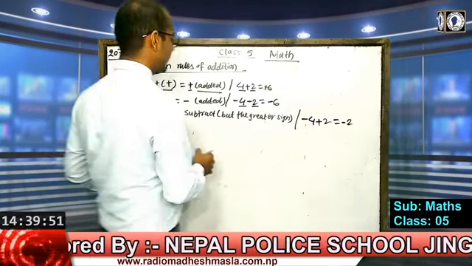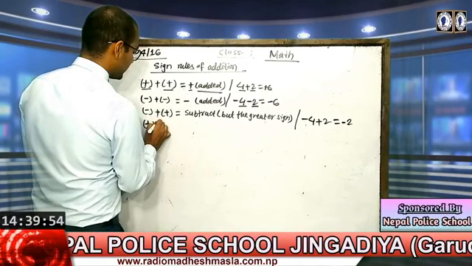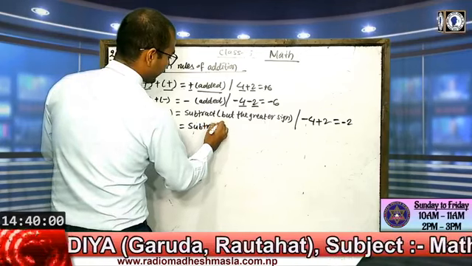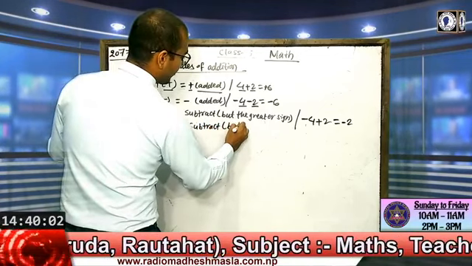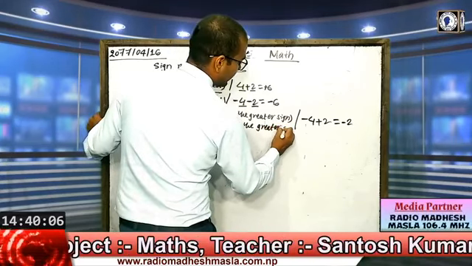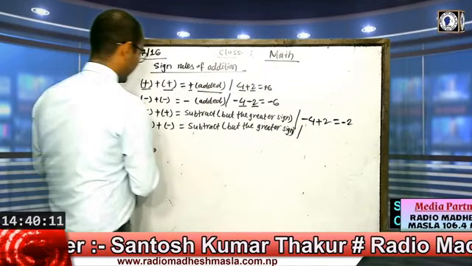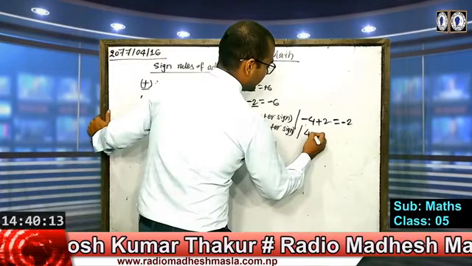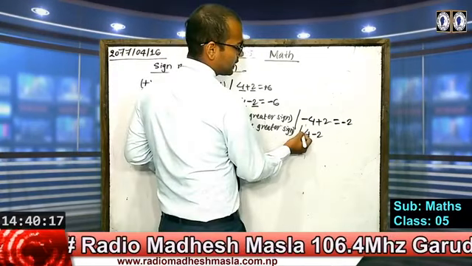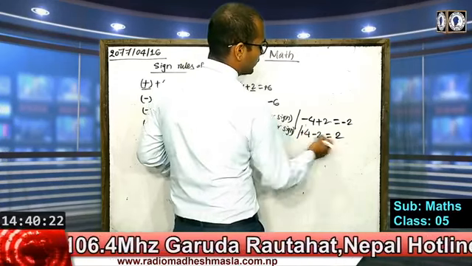The same way, if there is given plus and minus, then again subtract, but again take the greater sign. So here again plus 4 minus 2. Here there is no sign, it means plus sign, so 4 minus 2 is equal to 2, and there is a plus sign.